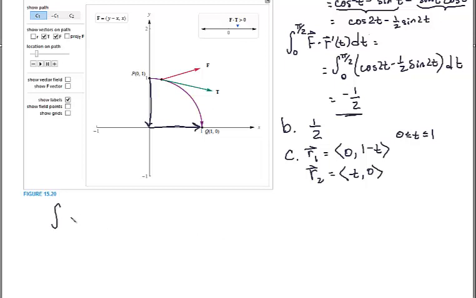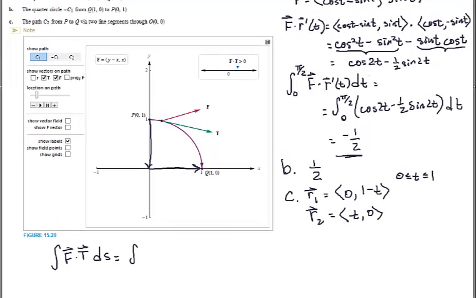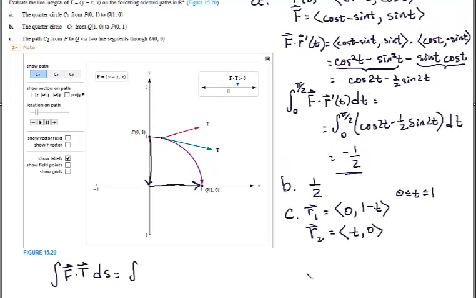So in order to get this total integral, I'm going to do this f dot product unit vector with respect to s. So I'll do the first section. The first section is going to be that f. Oops, I need to see that f. That is the y minus the x.